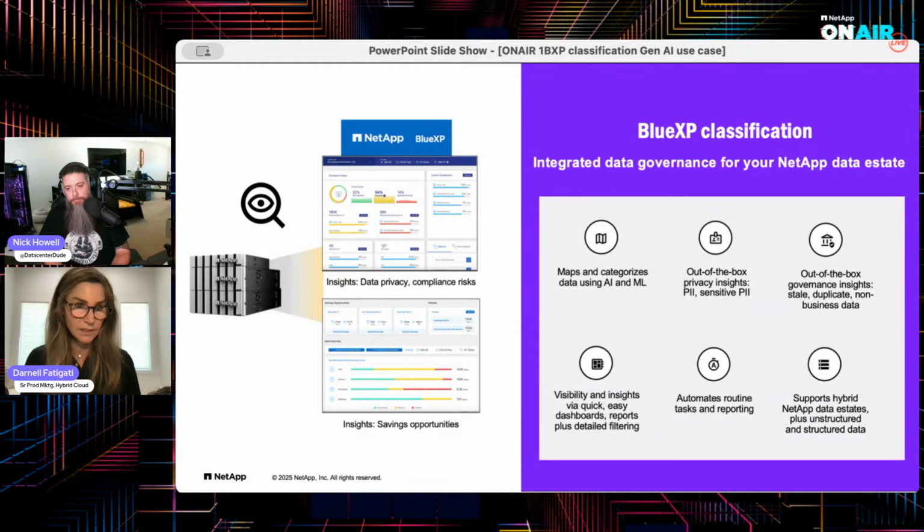That scan is quicker because it doesn't have to actually look into the file and read it and extract the PII. If you want to do that, we call that a classification scan. It takes a little bit longer, but it then gives you that full view of, okay, what are the categories that I have and what kind of PII do I have in here?